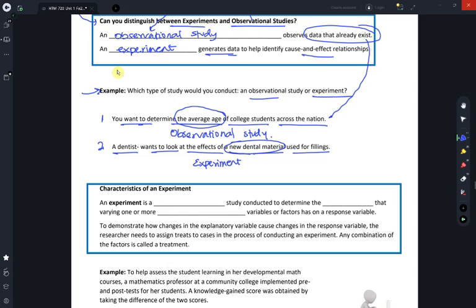By randomly assigning different treatments to different patients, this dentist seeks to look at a response variable, which is the performance of the different types of material on the different patients.